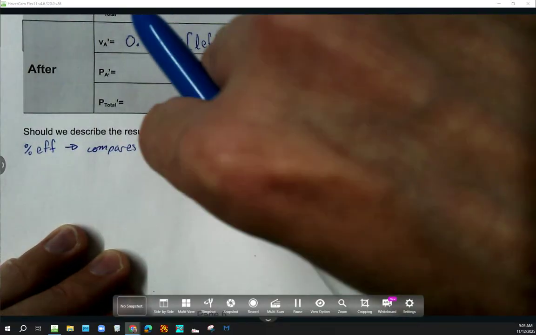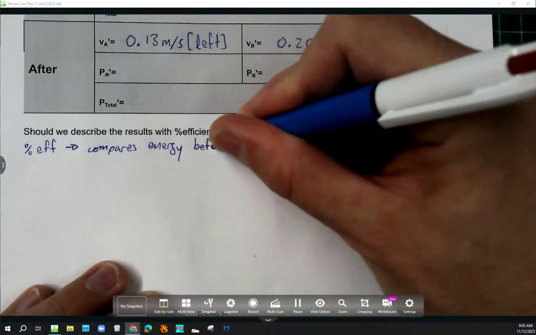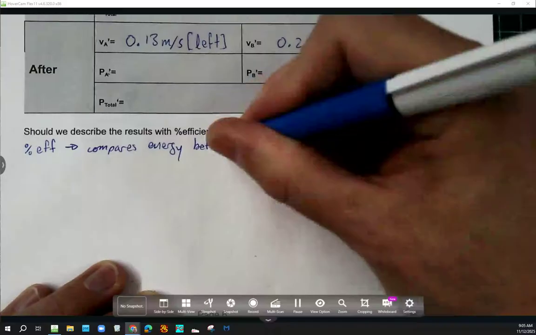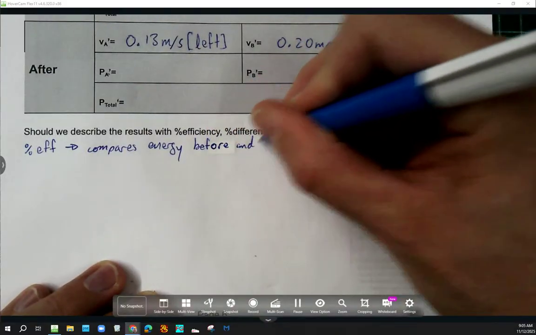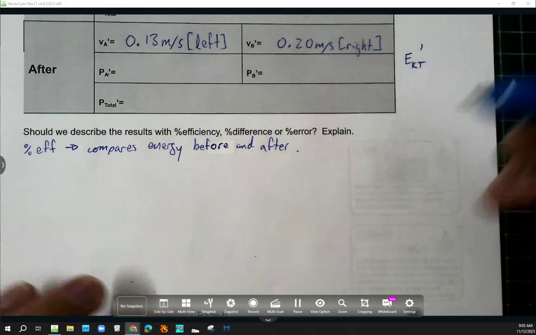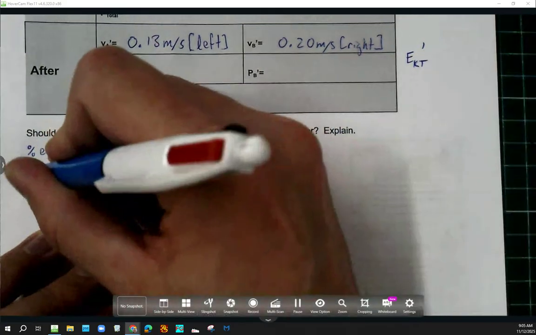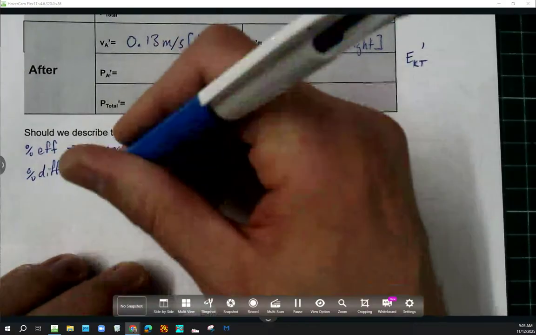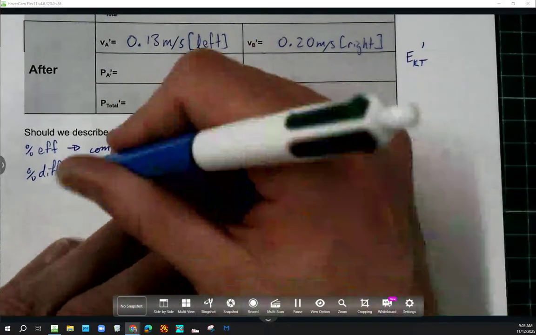That's like some sort of strange alternate dyslexic universe. Oh man, and now I'm thinking about four because of the number 4. Anyway, before and after. And then there's percent difference. That compares two observed values in the same scenario.